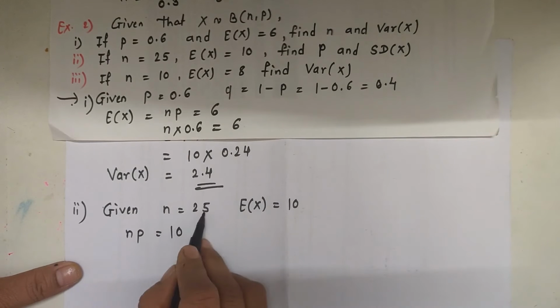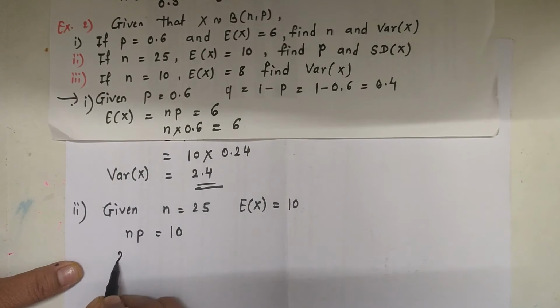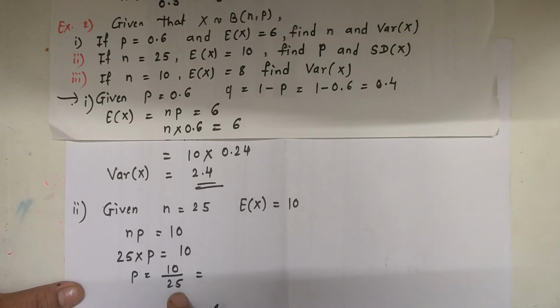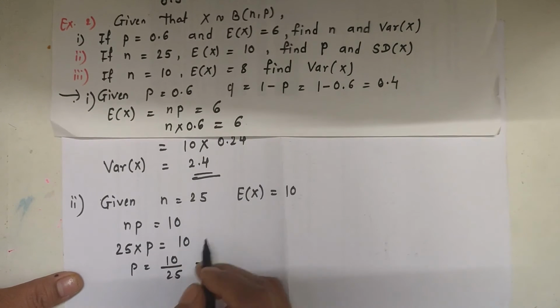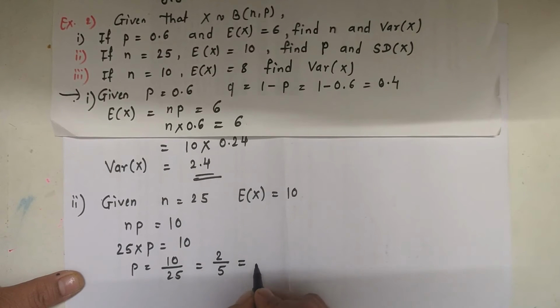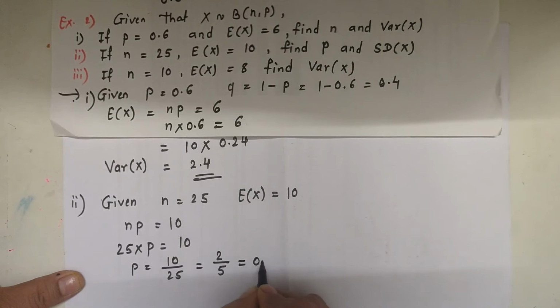Now putting the value of n in this equation, we get 25 into p is equal to 10. So we get p is equal to 10 upon 25. Dividing both numbers by 5, we get 2 by 5, that is in decimal form 0.4.